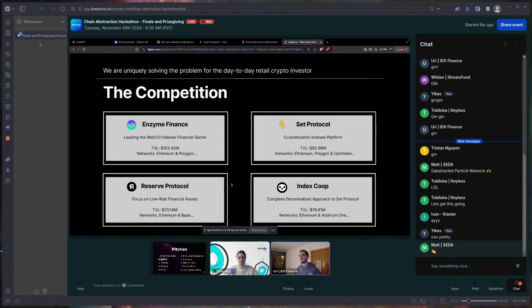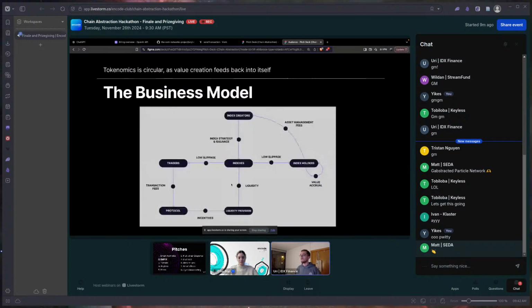So there's a huge opportunity there. When it comes to the business model, we developed a full tokenomics protocol, and if you are interested in further reading, let us know and we'll give you more details. Due to time constraints, I won't be able to explain it in detail now.